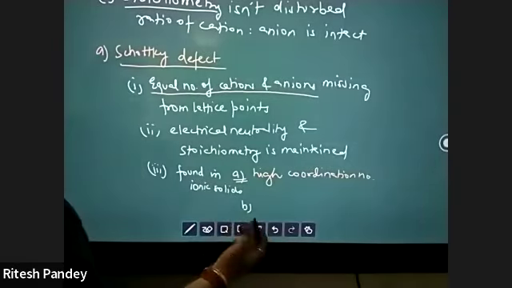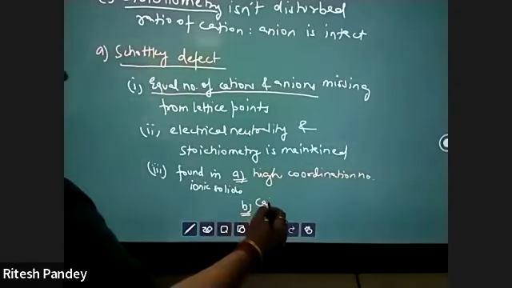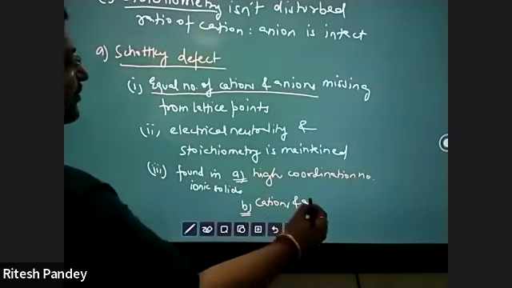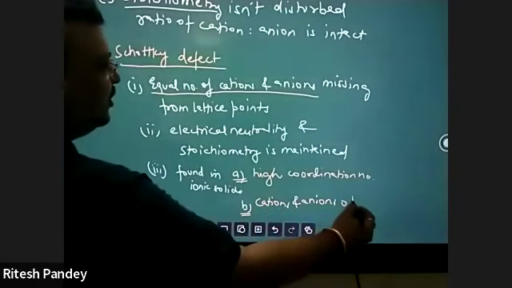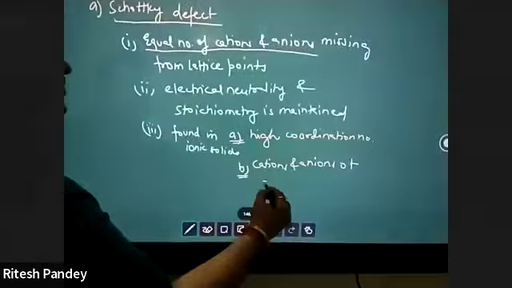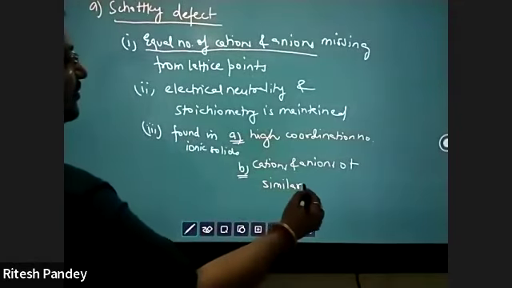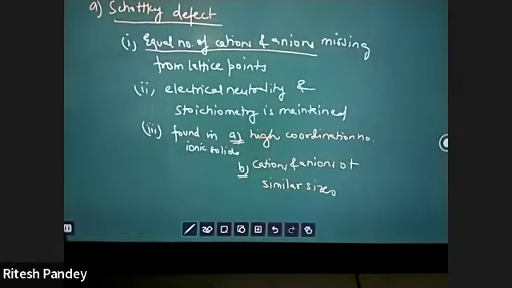and B, cations and anions of similar sizes. I hope I'm giving you enough time to note down things. You can take down examples.